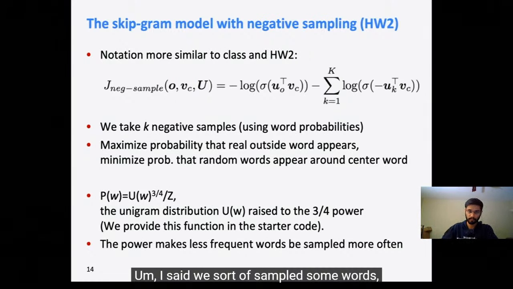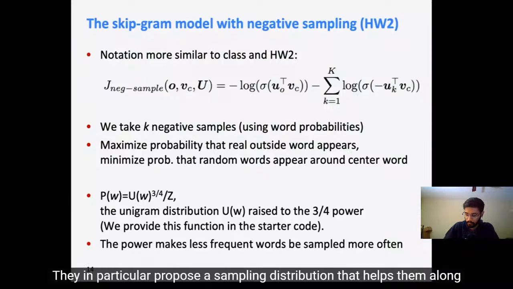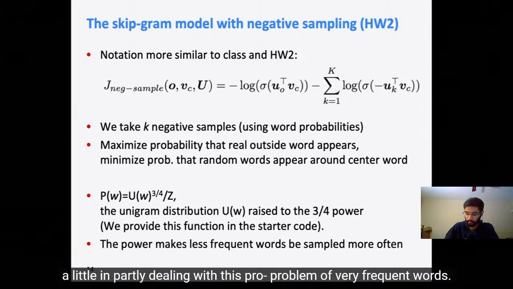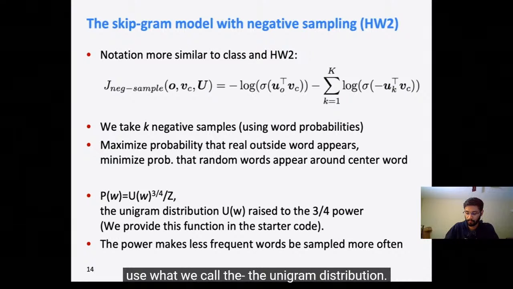I said we sampled some words to be the negative samples. They in particular propose a sampling distribution that helps them along a little in partly dealing with this problem of very frequent words. So the starting point of how you sample words is you use what we call their unigram distribution.